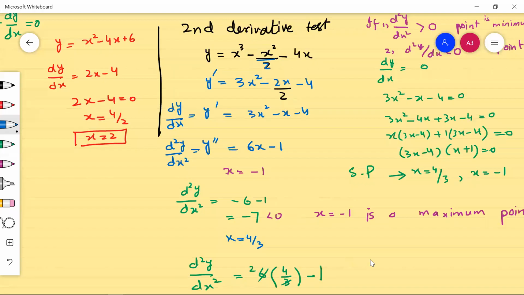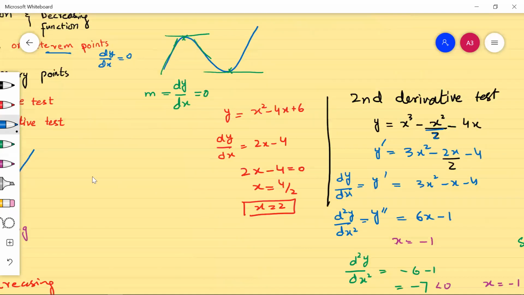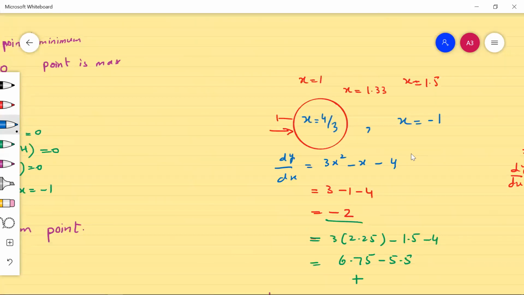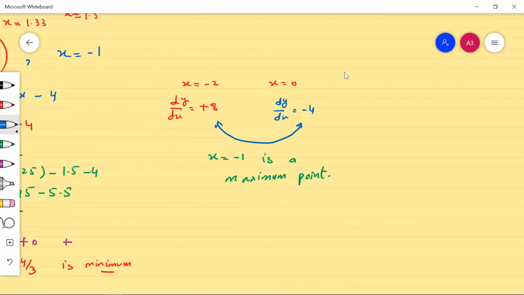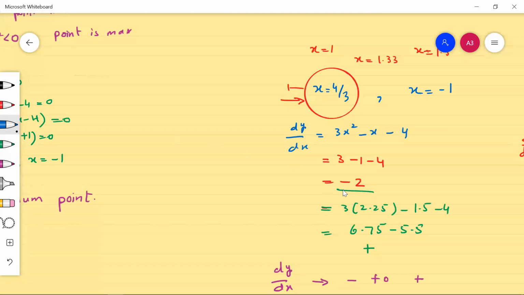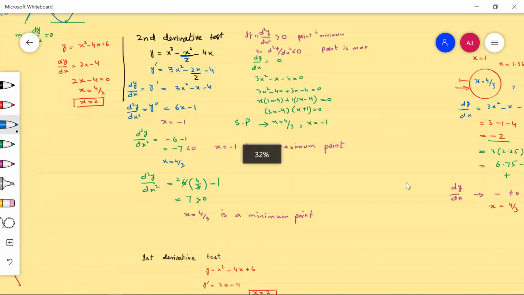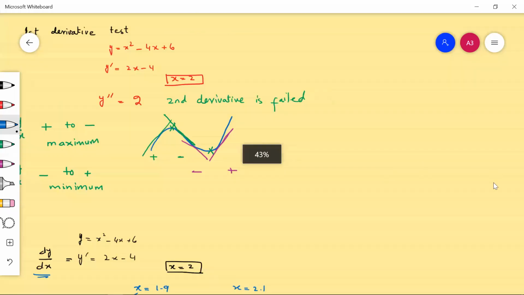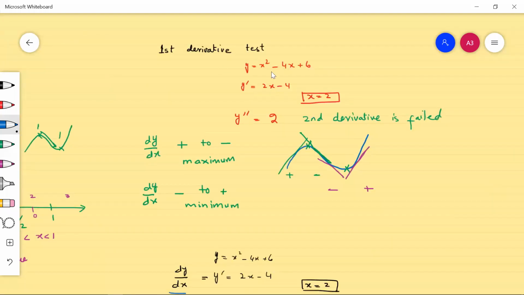The first derivative test is so easy, there is no problem. You draw a curve and define it yourself. How can we know whether the point is a maximum or minimum? This is the first derivative test: first find the stationary point by putting the derivative equal to 0, that is x equal to 2, and then draw a curve.